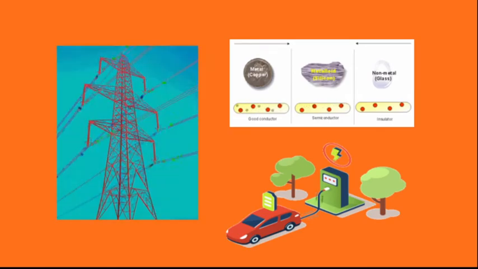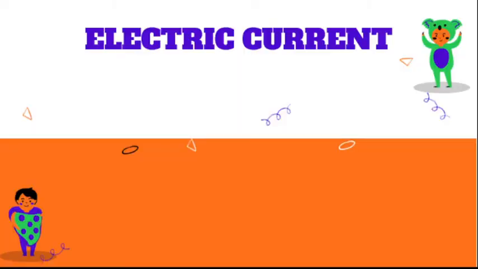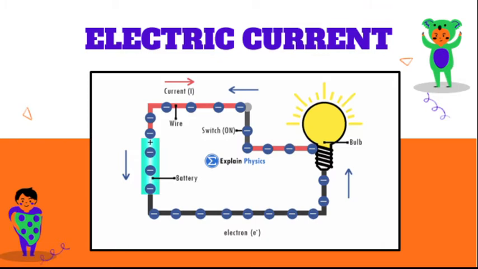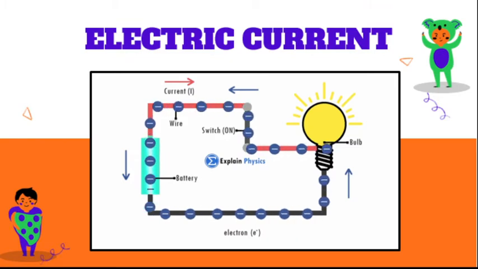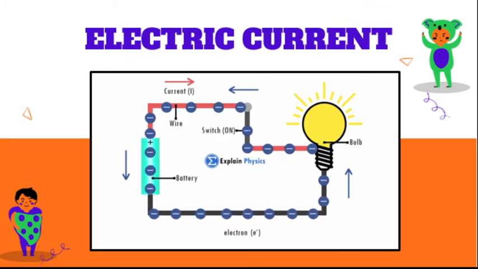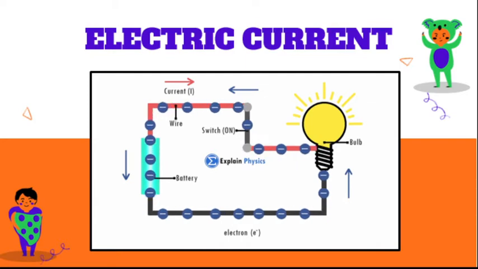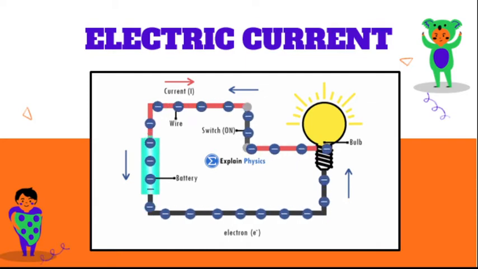There are three quantities that you should be familiar with in the study of electricity. These are electric current, voltage, and resistance. Let us first discuss the electric current. Electric current is a measure of the number of electrical charges passing through a cross-section of a conductor in a given time.